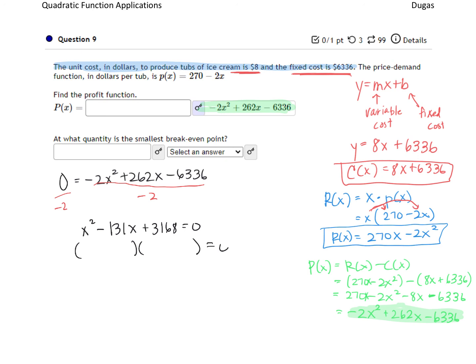But it will factor. So x squared breaks up into x and x. The signs will be the same. They'll both be negative. 32 times 99 is 3168. And negative 32 plus negative 99 is negative 131. So that's how it will factor. And then solving, we will get 32 and 99. And so it asks for the smallest break-even point. And so that answer would be 32.